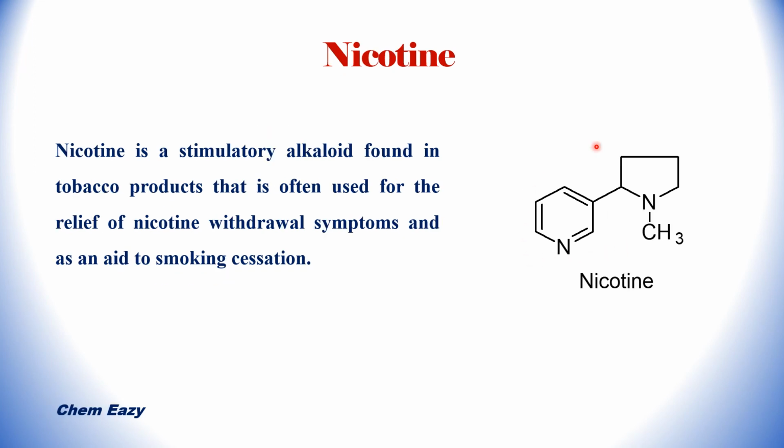This is the structure of nicotine, which consists of a pyridine nucleus here. Nicotine is a stimulatory alkaloid found in tobacco products that is often used for the relief of nicotine withdrawal symptoms and as an aid to smoking cessation.